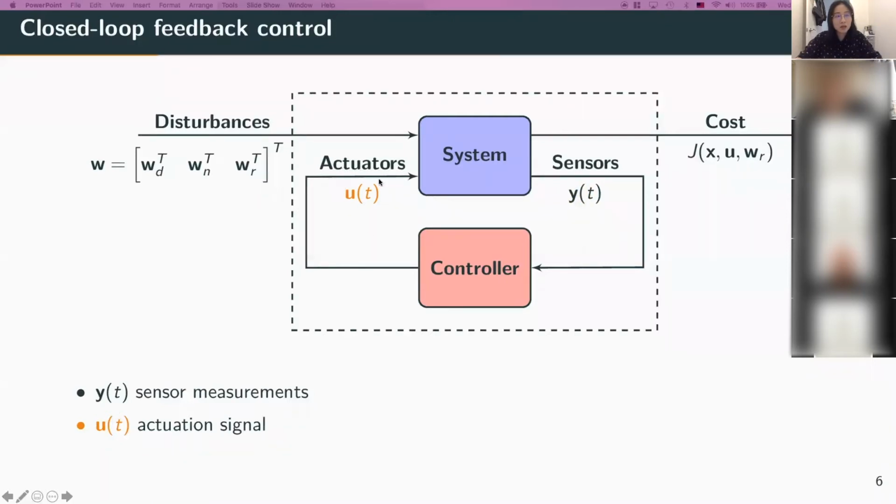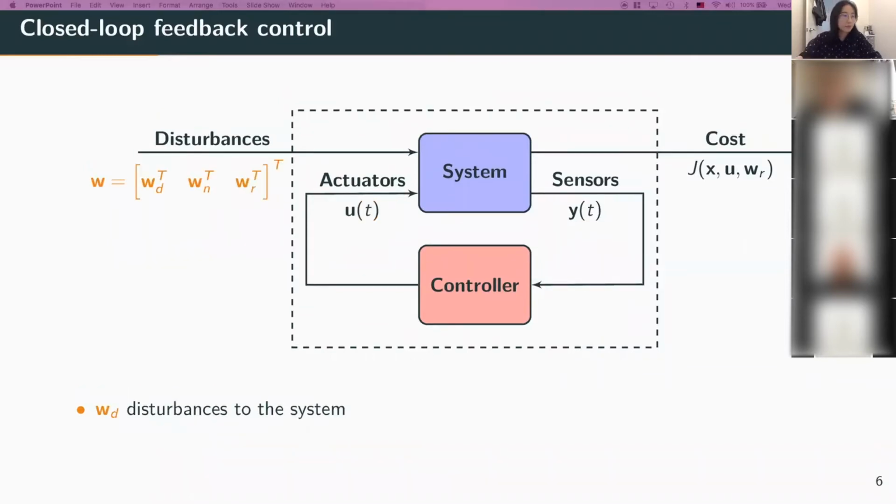Essentially this gets fed back into the system to modify the states. I haven't put in the notation for the states, but we'll use x for the vector of state values that we are trying to measure and regulate.